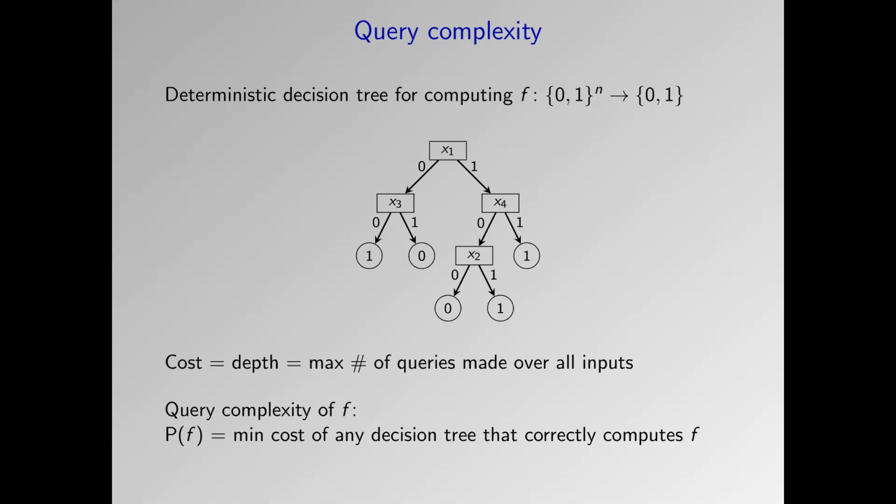This is because it will be convenient to recycle classical complexity class names. For example, P is the classical class corresponding to deterministic computation, and BPP is the classical class corresponding to two-sided error randomized computation. So we will use BPP of f for the randomized query complexity, and so on for other classes.